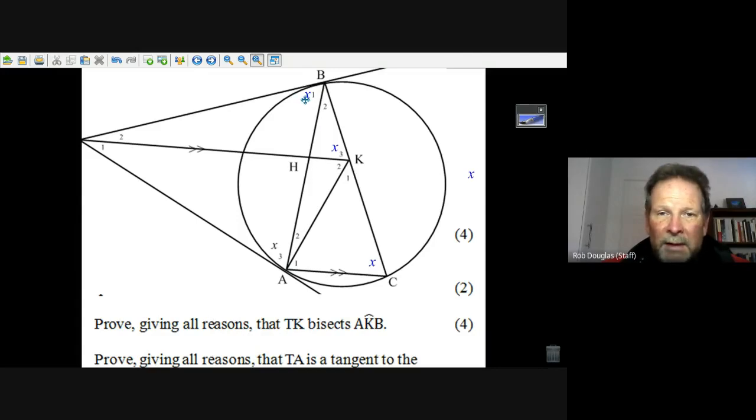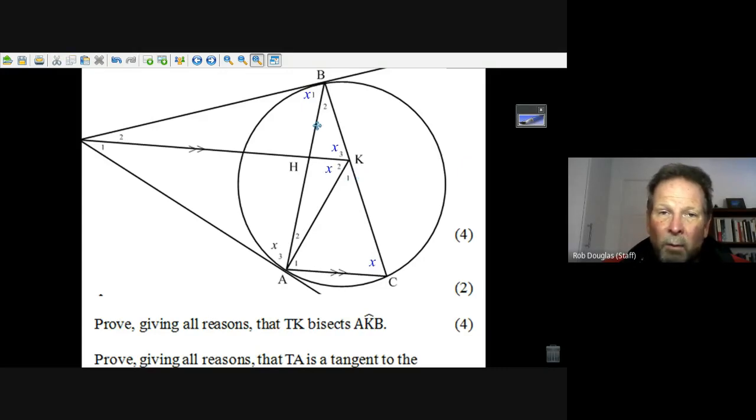Now we've got this as X. But we just proved in the last question that A, K, B, T is a cyclic quad. Well, if it's a cyclic quad, then this angle here, B1, opens up to AT. Well, so does K2.